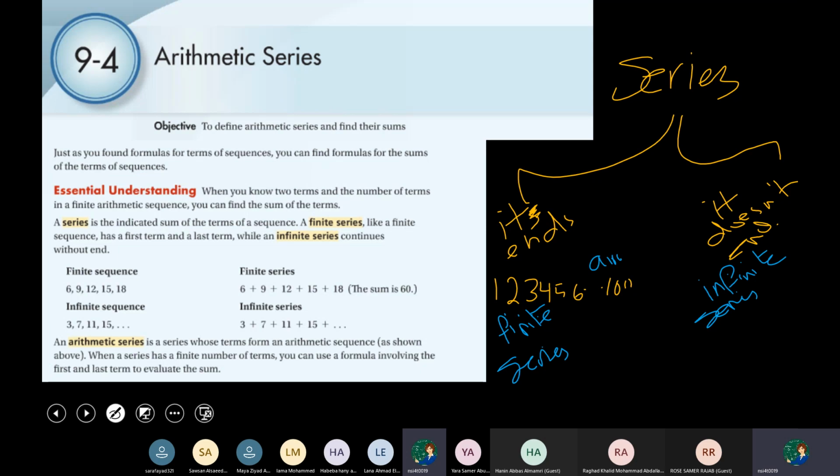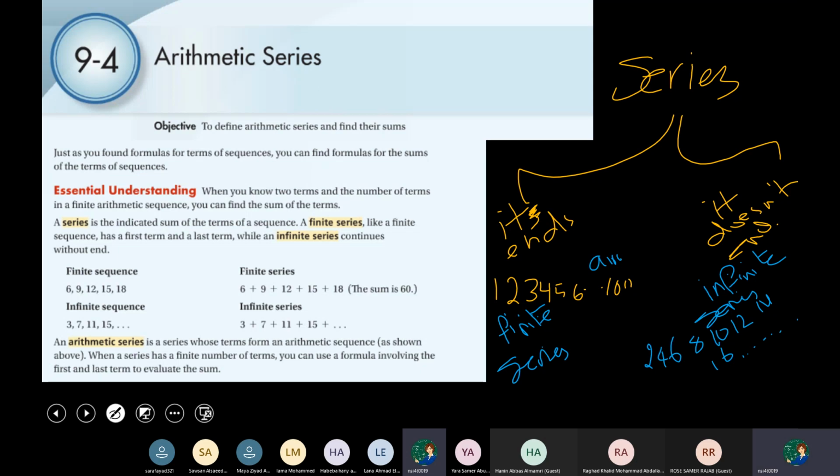But the infinite series doesn't end. It will continue without bound, without end. Like I have 2, 4, 6, 8, 10, 12, 14, 16, until infinity. It will not stop. This type of series, we call infinite series.